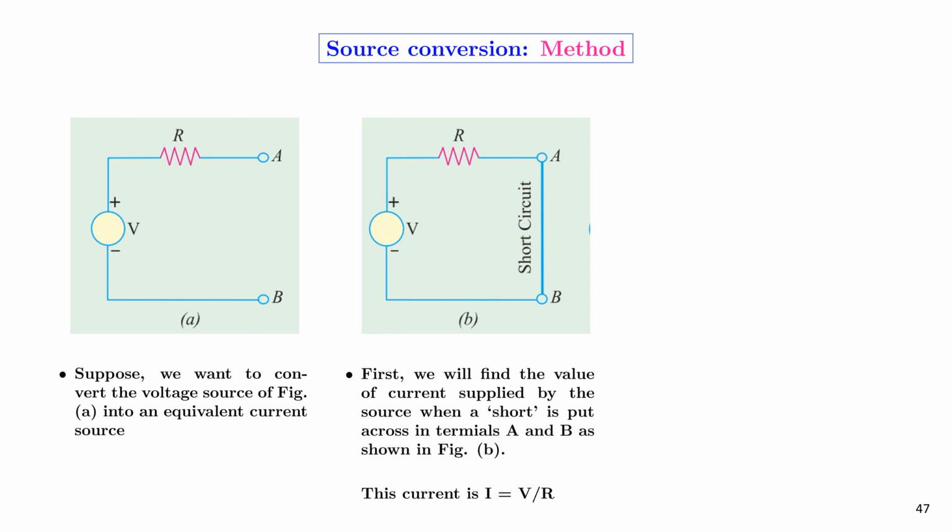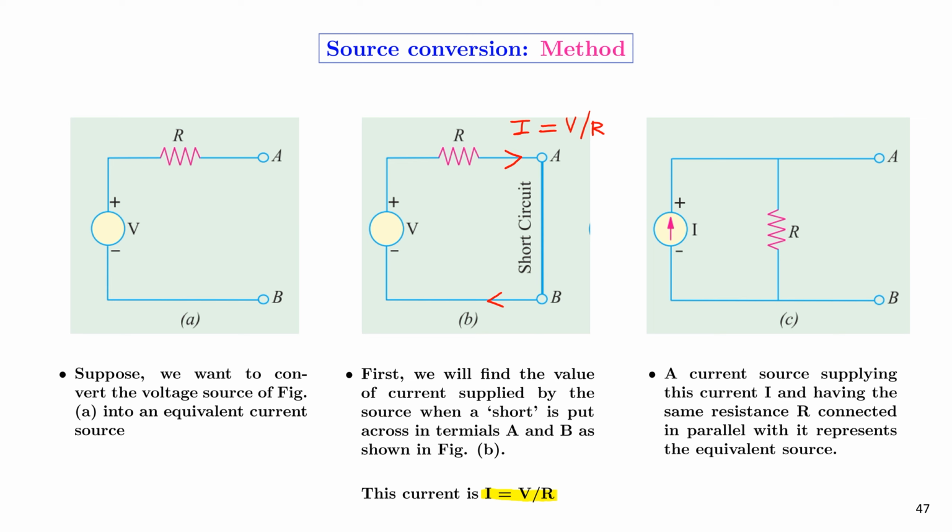The first step to do the conversion process is to place a short circuit between points A and B. Now, the current that is flowing in the circuit will be I equal to V over R. Now, we'll replace the voltage source with a current source whose value is given by I equal to V over R, and the resistor will be connected in parallel to the current source. In this way, we can convert a voltage source with a series resistor into a current source with a parallel resistor.